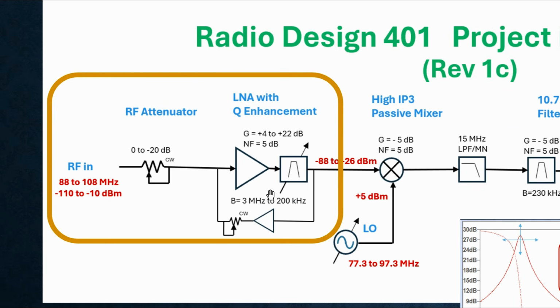And with the Q-enhanced LNA that we're focused on, we do that by having the LNA, having the output tune circuit, and then feeding some of that signal back to the input. And what that does is it amplifies the signals at the input more than they would be otherwise. It used to be called regenerative receiver design.